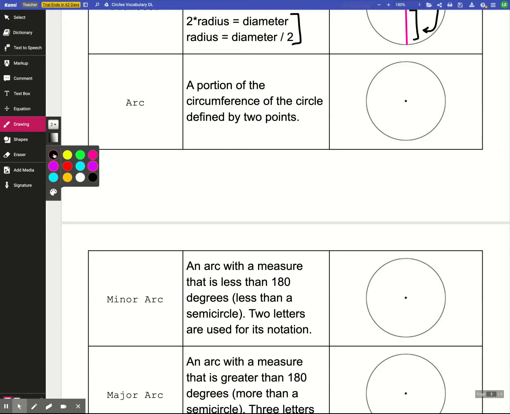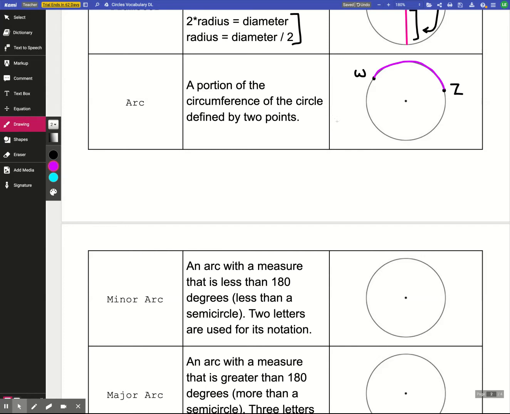So an arc is just some portion of the circumference defined by 2 points. So let's say I put the point W right here, and I put the point Z right here. The arc is the shortest possible distance between W and Z.